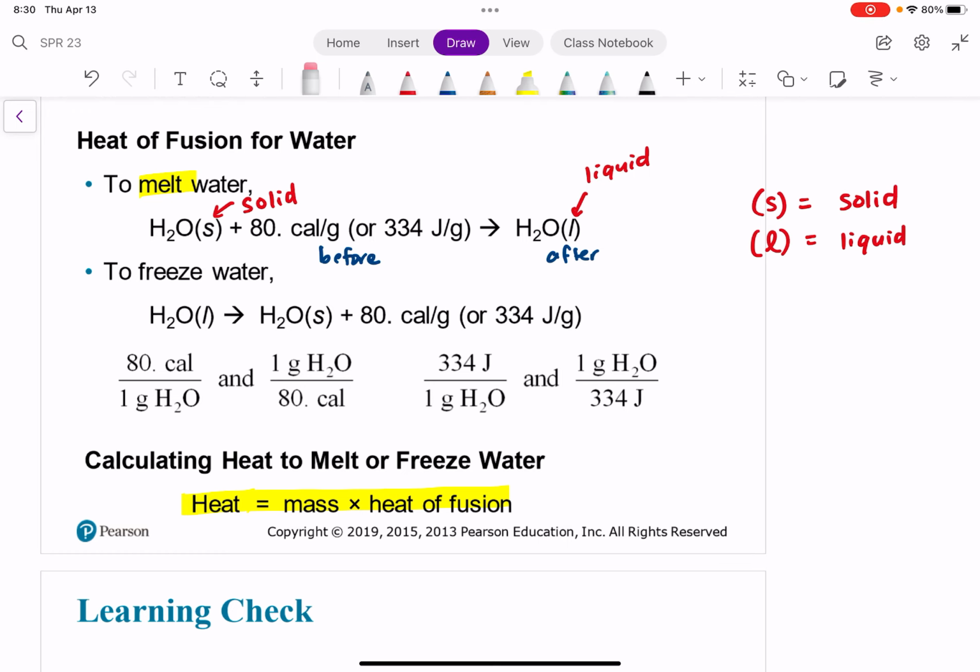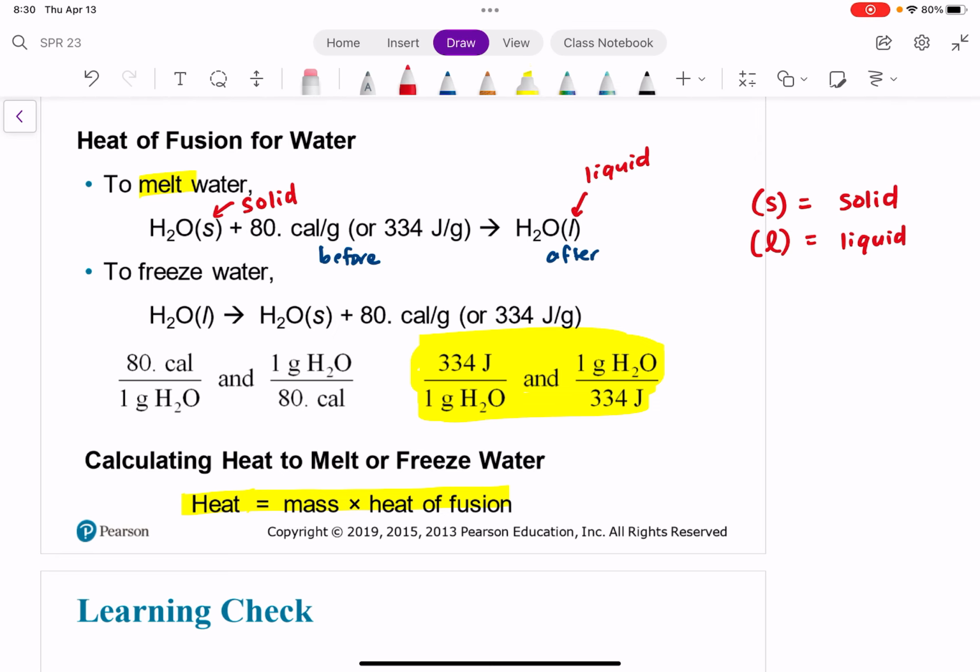And the actual unit conversion will be given to you. You don't need to know that. In fact, chemists don't usually memorize that kind of stuff, maybe for water if they work with it a lot. But for heats of fusion of all kinds of different materials, we're not going to memorize all that, right? We can look that stuff up.